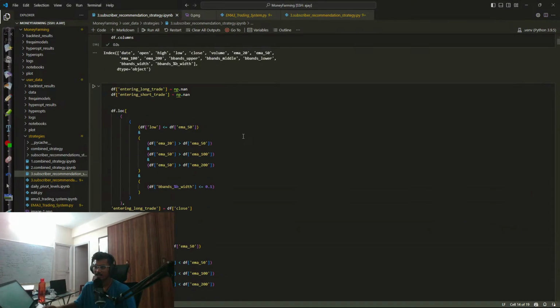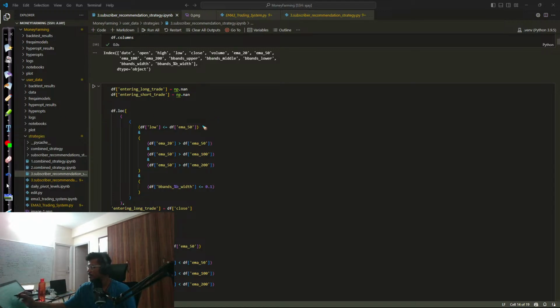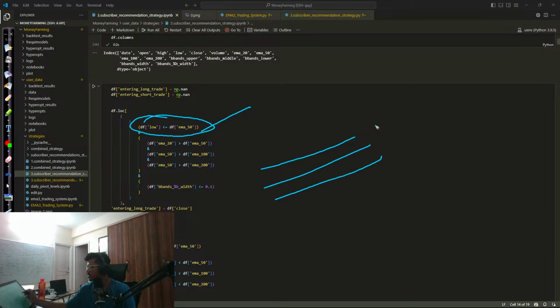Now what I did for that condition is I use this. When the low of that candle is less than EMA 50, just imagine the condition is EMA 50, 100, 200.